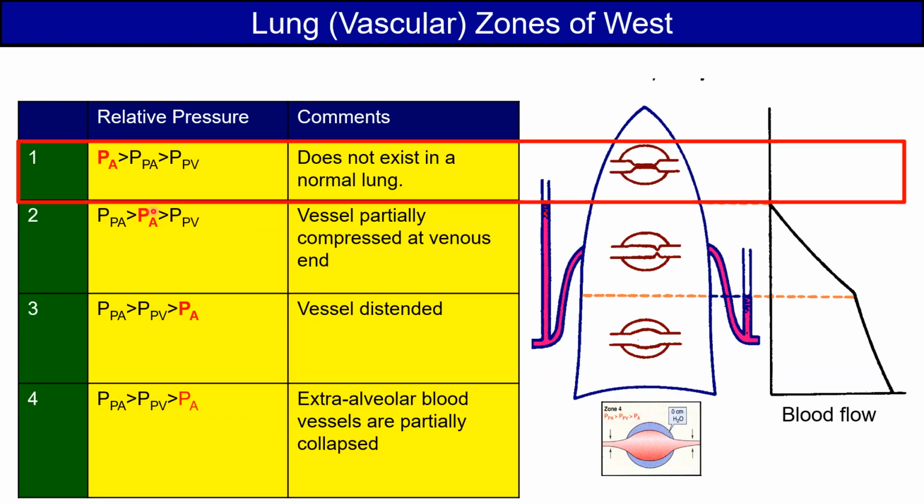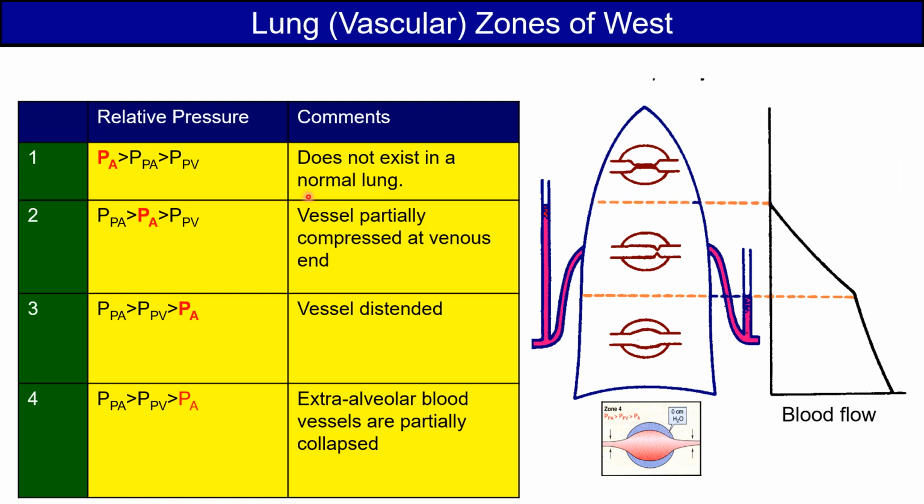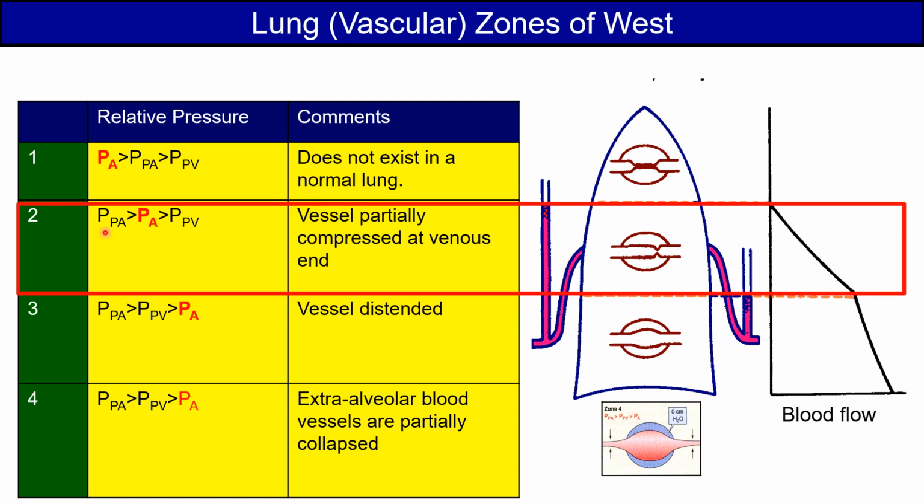So in zone 1, the alveolar is greater than the arterial and greater than the venous. This does not exist in the normal lung. In zone 2, the arterial is greater than the alveolar, greater than the venous, and the vessels are partially compressed. But there's some blood flow, as you can see here, with gradually increasing blood flow.